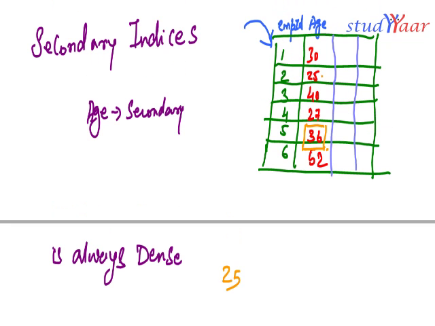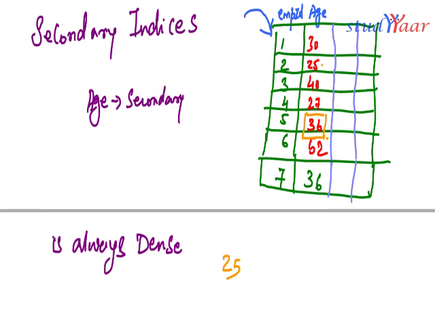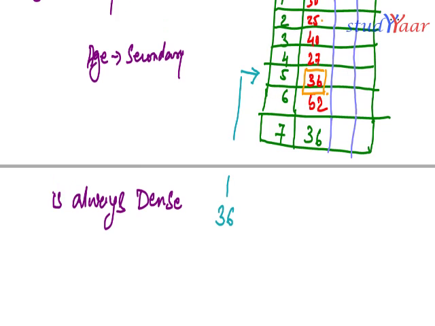The other thing is, let's suppose I have another person whose age is 36. Even now, if I have an index record with 36 as the search value, which points to this guy, I won't be able to find this other guy who is also 36, because these are not arranged with respect to age.